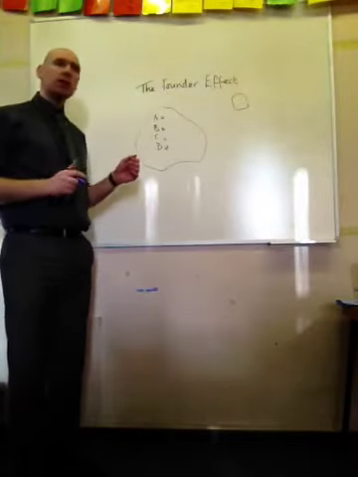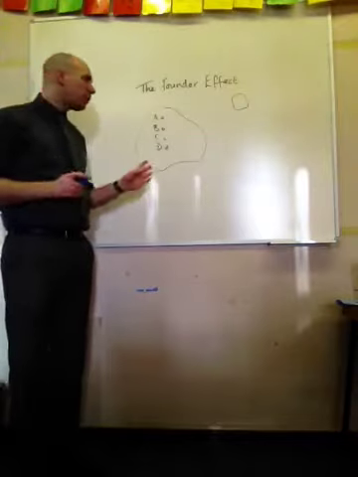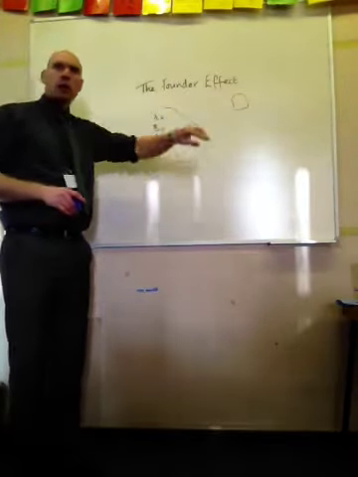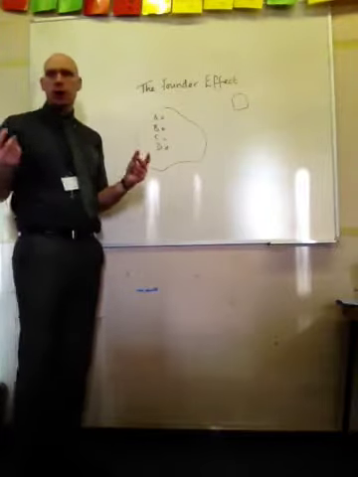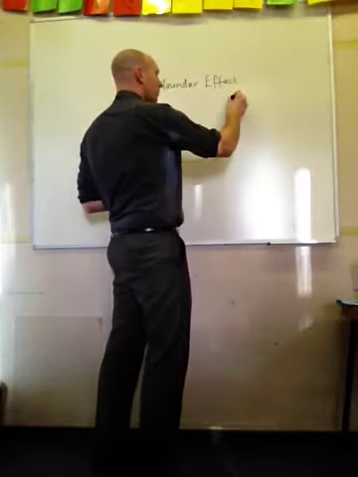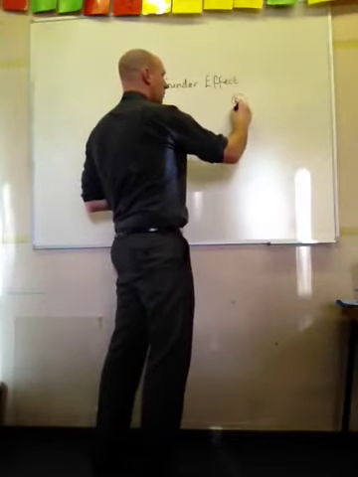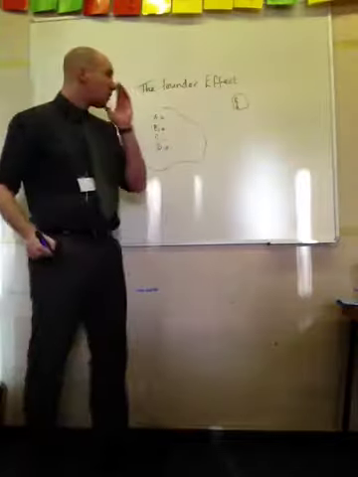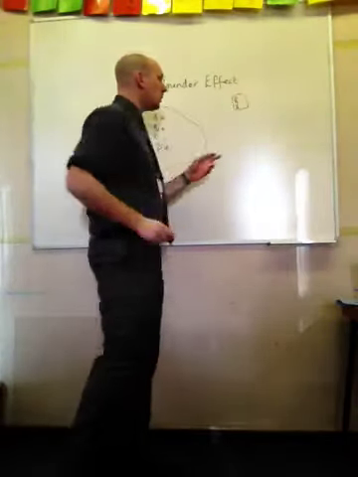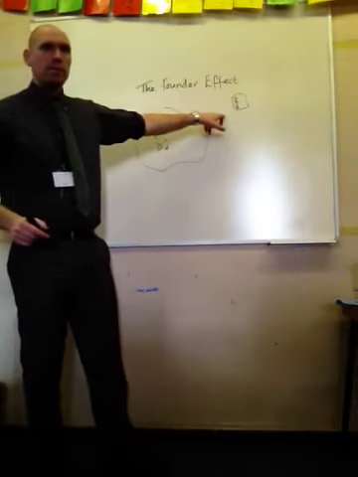Okay? Let's say 2 individuals of this population move to this area here. And those individuals have both got the same genotype. Now little a, big B, little c, big D. Little a, big B, little c, big D. Alright?